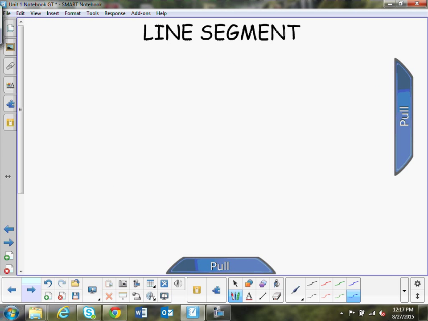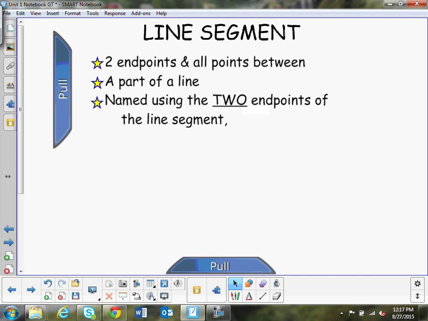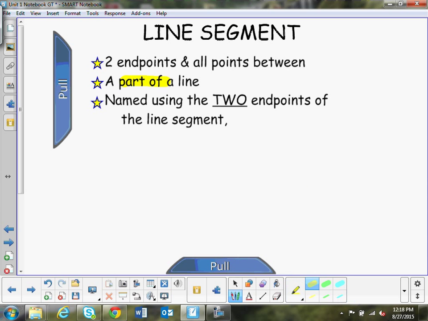Okay, so the next one, line segment. You have 2 endpoints, and all the points in between is part of a line. I would say that's one of the more important ones. It's part of a line. Not the whole line.